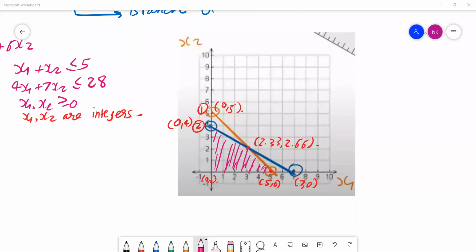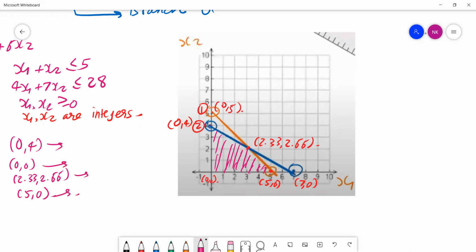I am having the same as the graphical method. We are having 0, 4 as one point, 0, 0 is another point, 2.33, 2.66 is another point, 5, 0 is another point. These are the 4 points which we are having.